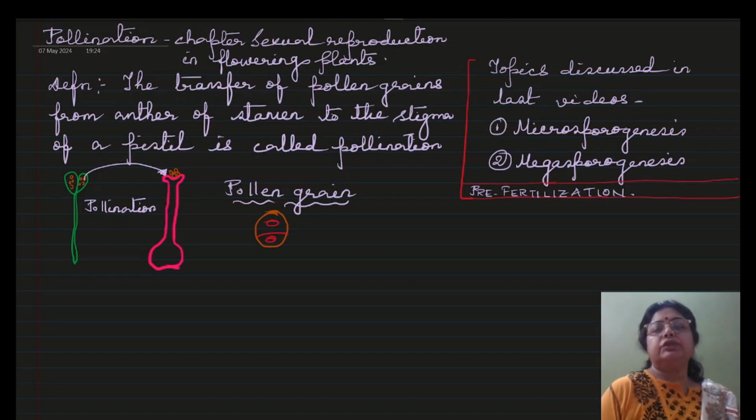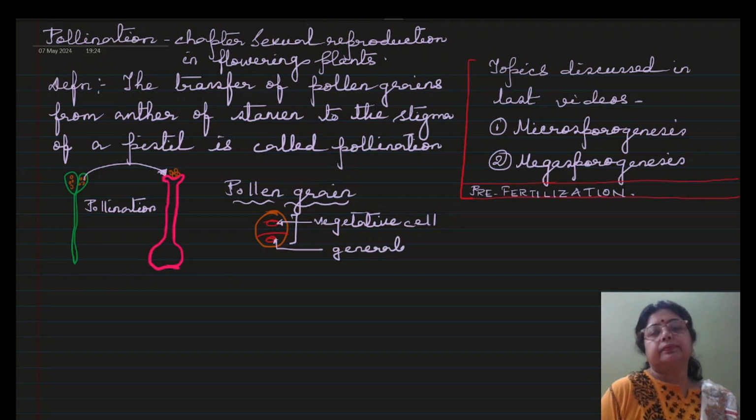This is called the two cell stage, as this is the vegetative cell and this is the generative cell.